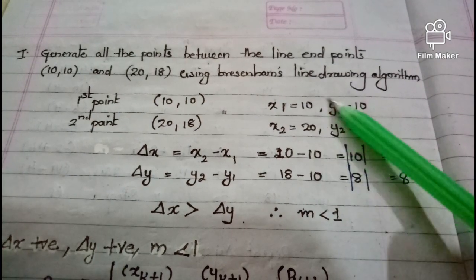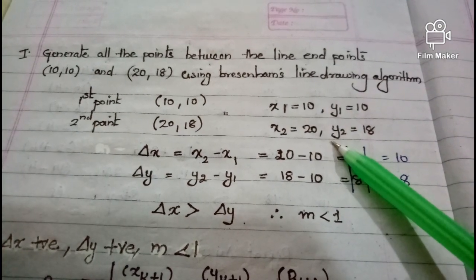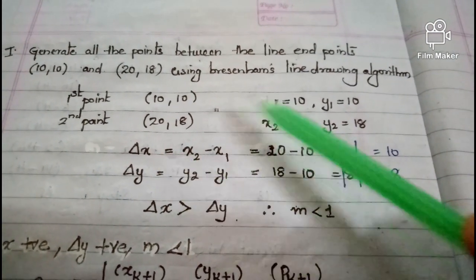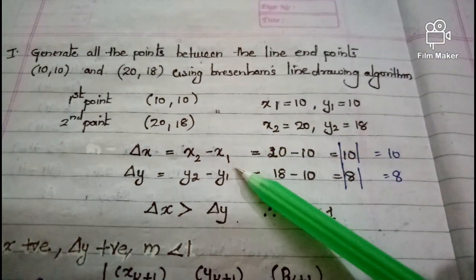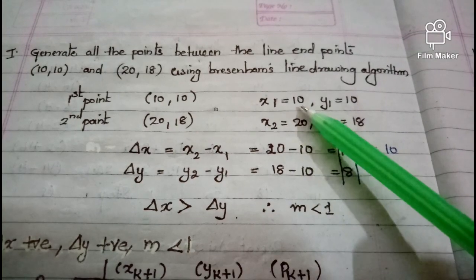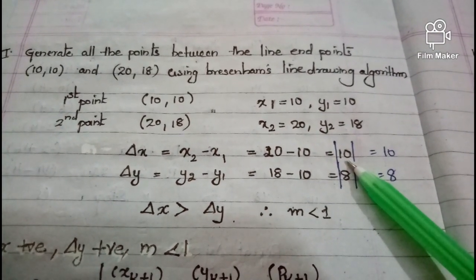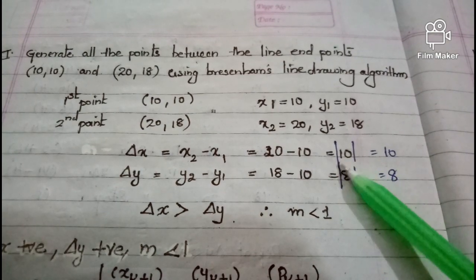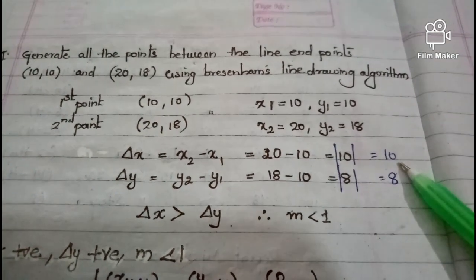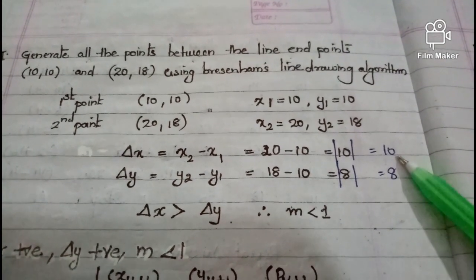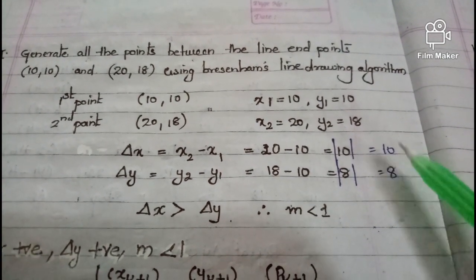From this we can calculate delta x and delta y. How can we calculate delta x? Delta x is x2 minus x1, which is 20 minus 10, and that is 10. After obtaining the value, you have to find the modulus of the result. Modulus of 10 is 10 itself. So the value of delta x is 10.